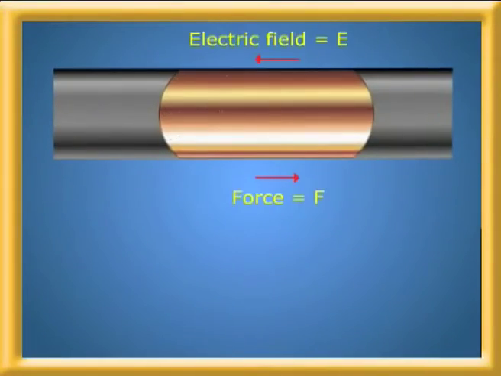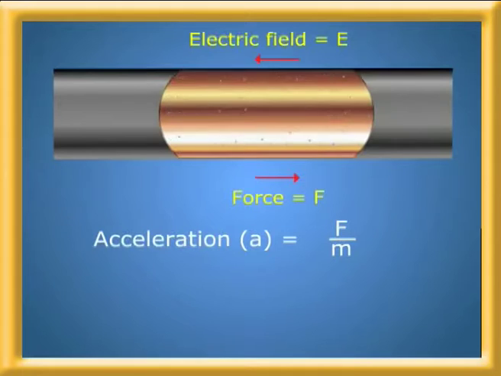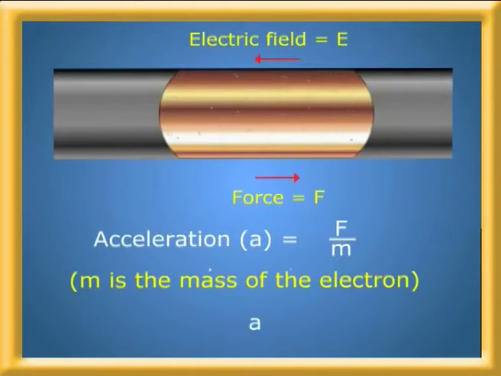Consider a conductor under the influence of electric field E. The force experienced by a free electron in the conductor placed in the electric field is given by F equals minus e times E. The negative sign shows that the directions of F and E are opposite to each other. The acceleration produced in the electron is given by a equals F by m, where m is the mass of the electron. a equals minus e E divided by m.